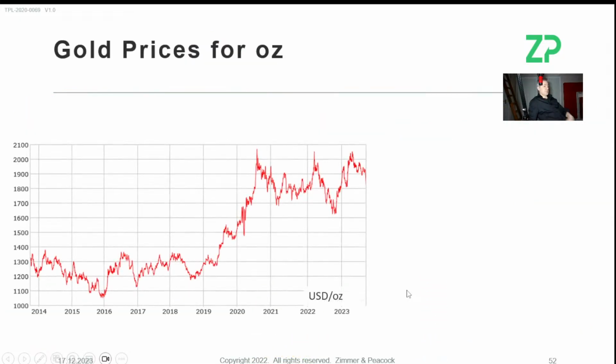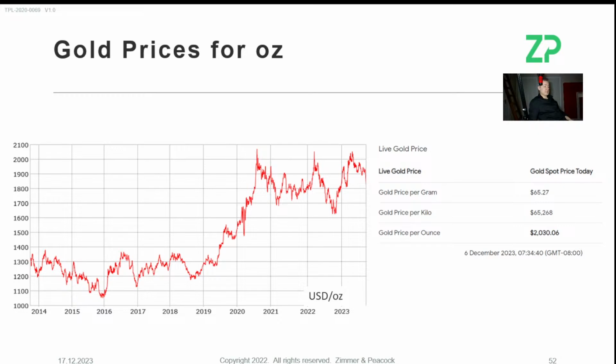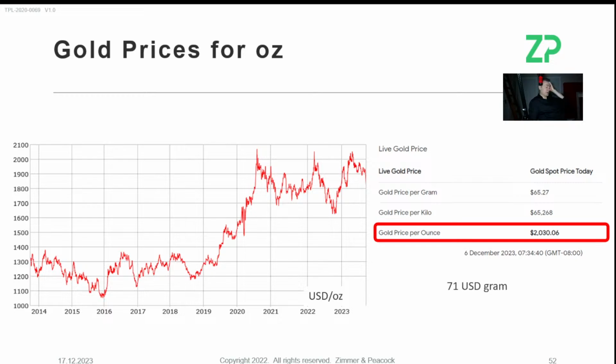So my problem with gold is it's getting so expensive. At the moment, gold is about $71 per gram. Printing with gold and platinum is actually really expensive. I think most assays, if you really think them through, you can make work on carbon.